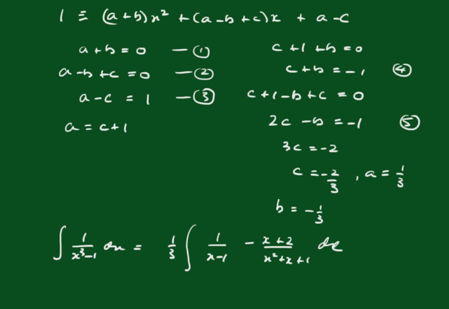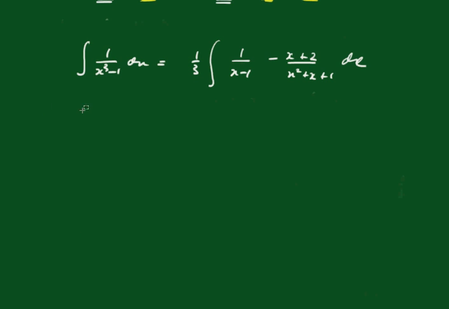Alright, continuing on. This part's alright. So it's going to be equal to 1/3 the log of x minus 1. Now this one will be minus 1/3 the integral of (x plus 2) over (x squared plus x plus 1) dx.